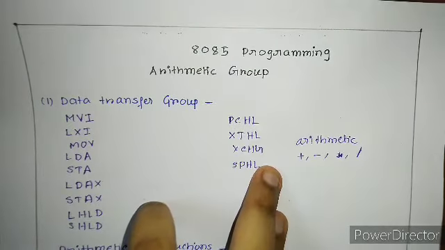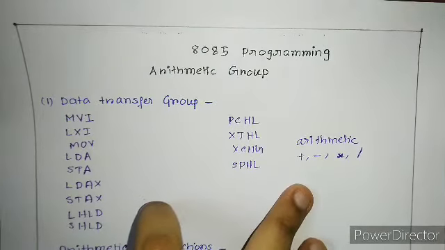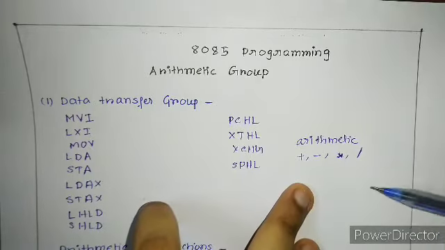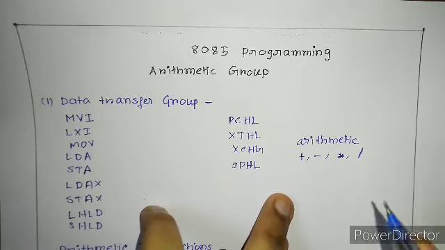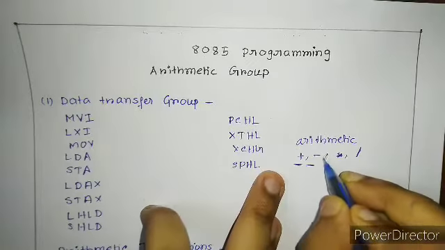But obviously you should know that multiplication is nothing but repetitive addition, and division is nothing but repetitive subtraction. So the basic two operations are addition and subtraction.